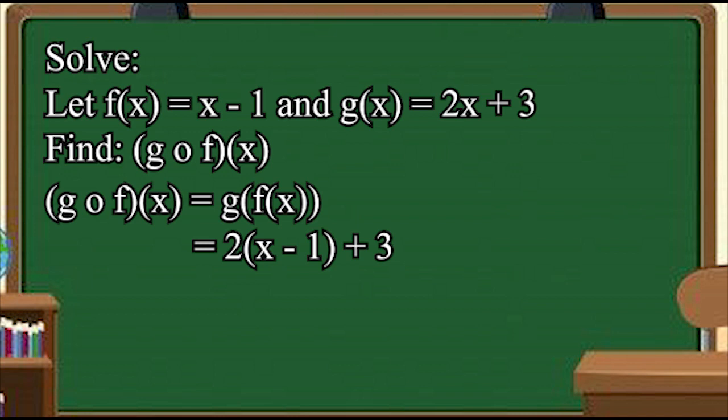We have 2 times x, which is 2x, and 2 times negative 1, which is negative 2. Then, copy plus 3. Adding the constants, negative 2 and 3, we have the final answer, g composition of f of x equals 2x plus 1.